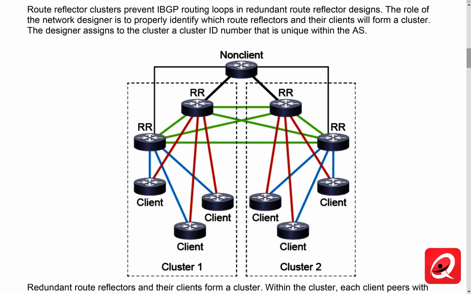We can't do route reflection from one cluster to another. We have to just create this full mesh between the route reflectors from all of the different clusters. Now, the clients will peer with all the route reflectors within the cluster for redundancy. And then the route reflectors from different clusters, like I said, have to be fully meshed with each other. That's what the green lines in this particular diagram represent.